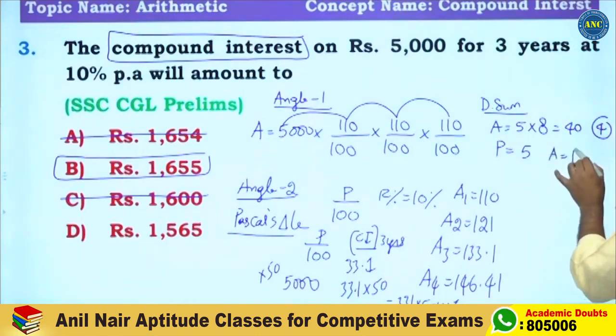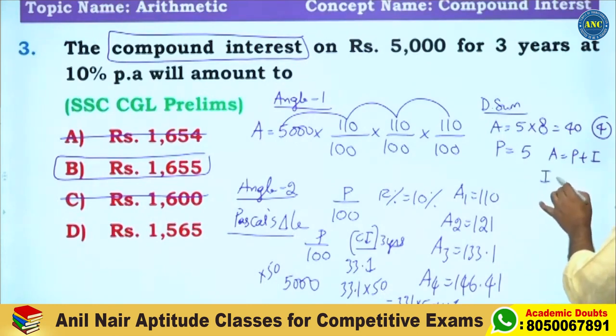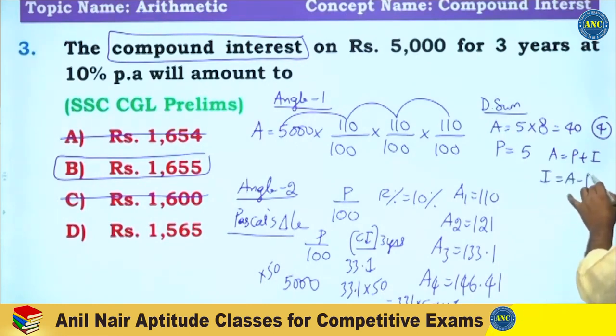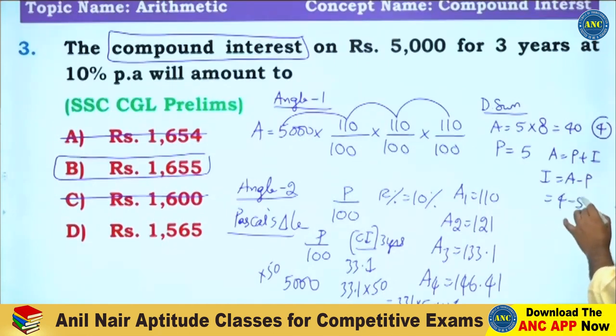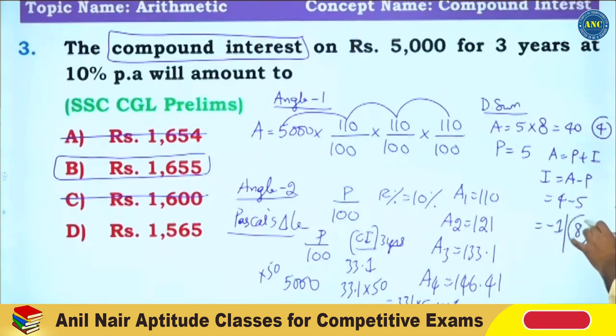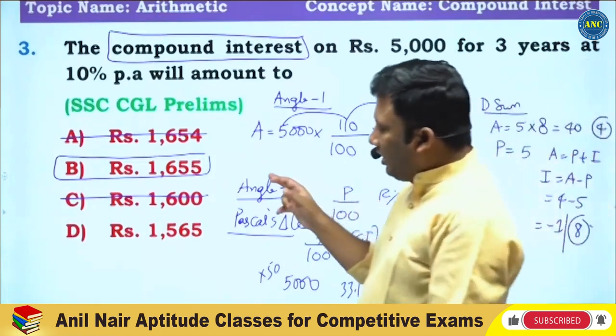Amount is principal plus interest, so interest is amount minus principal. 4 minus 5 is minus 1. If you get a negative remainder, add 9 to it. The interest digital sum should be 8.